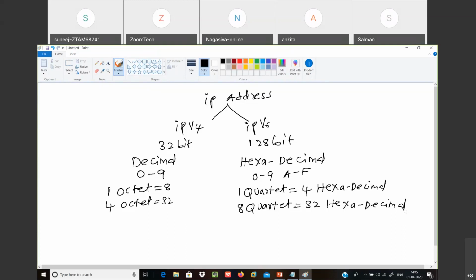In IPv4, first octet, second octet, third octet, fourth octet. Each octet is separated by using what? Dot. But in IPv6, the 8 quartets, first quartet, second quartet, third quartet, are separated by using a colon. What? Colon.